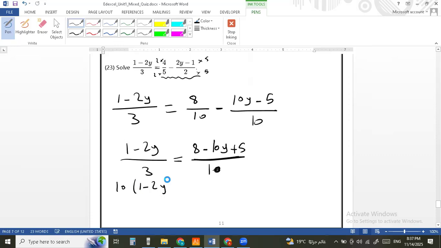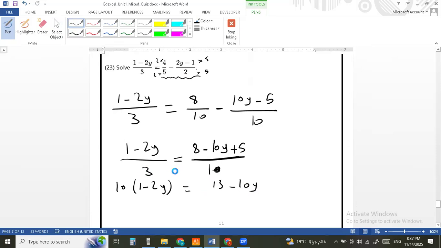Now I got rid of the 10, equals 8 minus 10y plus 5. 8 plus 5 is 13. So 13 minus 10y.